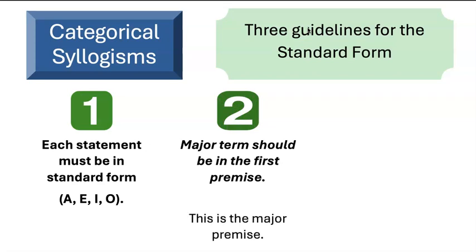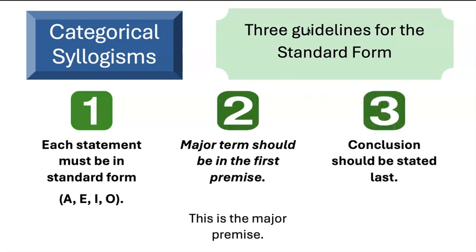That first premise will become what we call our major premise. And three, the conclusion must be stated last. So those are the three guidelines: each statement must be in standard form, the major term should be in the first premise, and the conclusion must be the last statement.